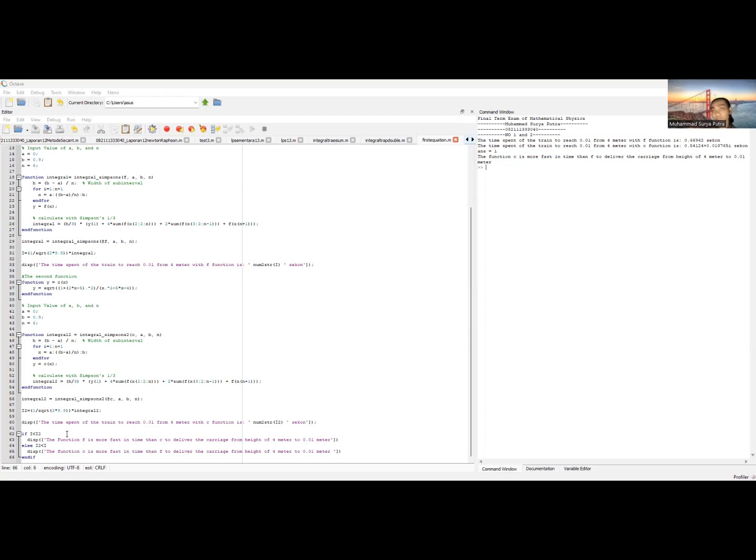So in this case, the first problem, I already solved it, which is the C. The problem is to find the fastest function in time.